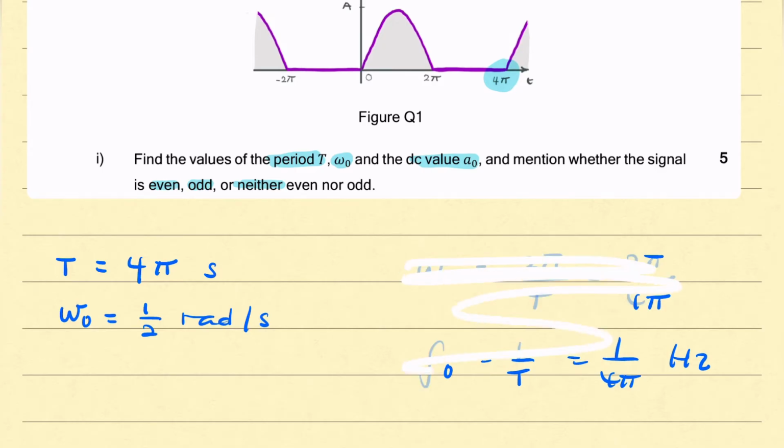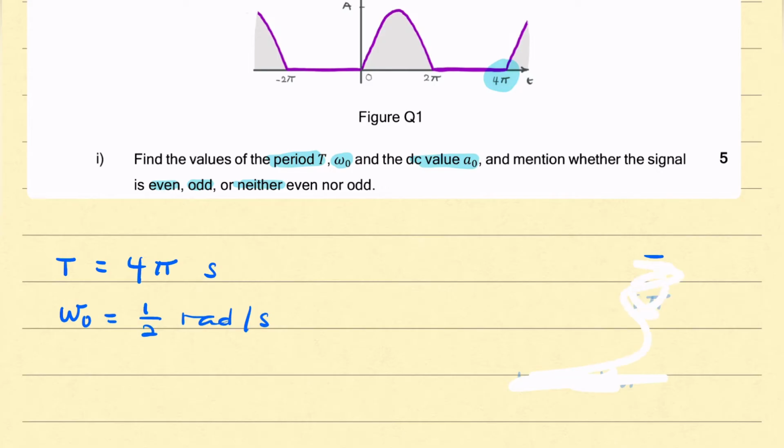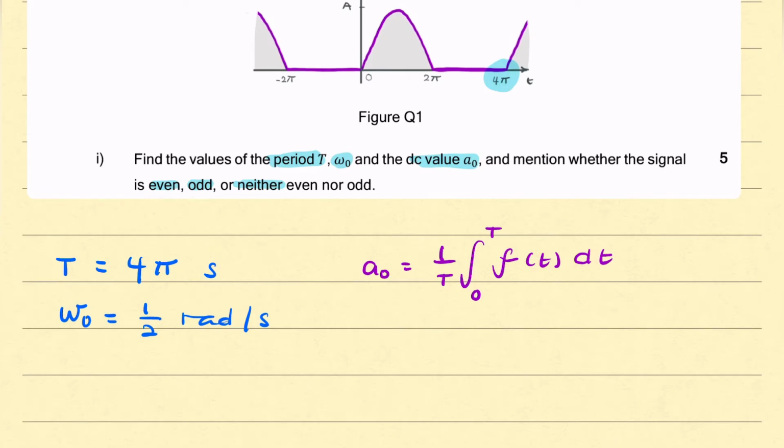The next part, or the next thing we need to find, is the DC value. So to find the DC value, you'd need to find the area. So A0, by definition, is the integral from 0 to T of f of t dt.